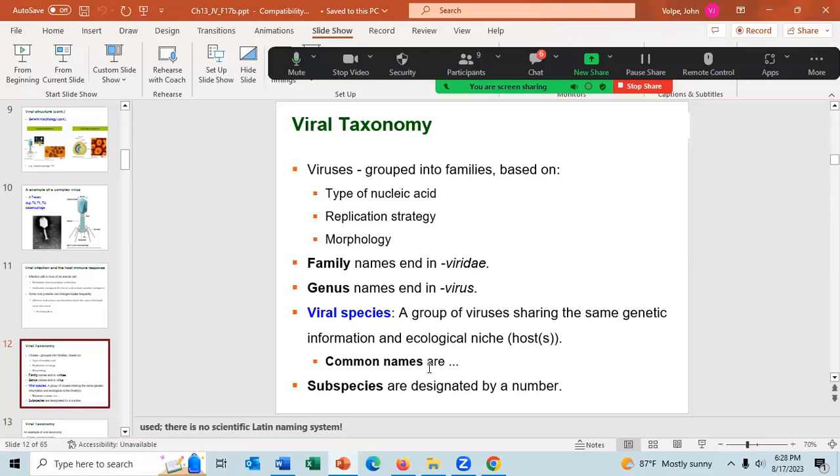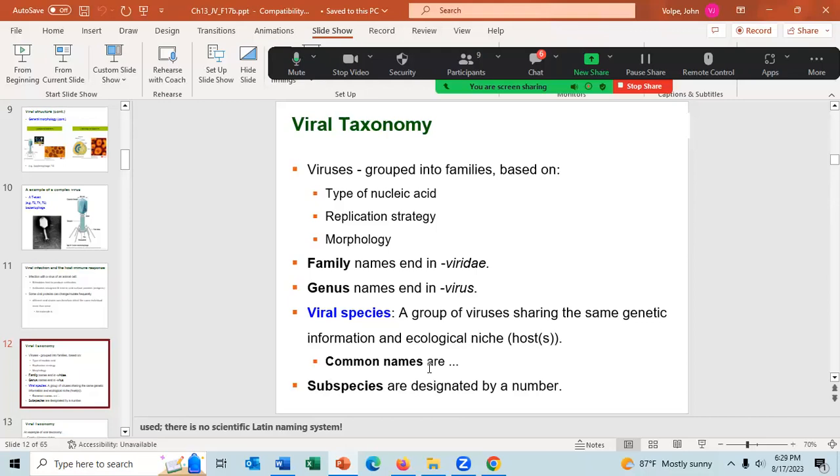I think everybody knows about herpes simplex type 1 and herpes simplex type 2. Those are the same species of virus, but they are very different in the disease they cause. Herpes simplex type 1 causes cold sores, and herpes simplex type 2 causes more severe sores, genital sores.